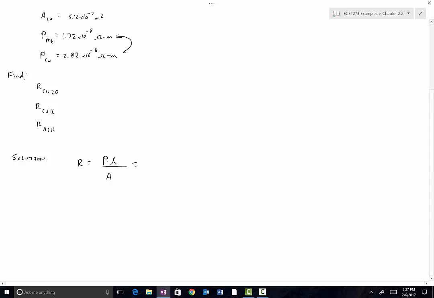Anyway, resistance is going to be the resistivity of the material. So for the resistance of a 20 gauge copper wire, I need to take 1.72 times 10 to the minus 8th ohm meters, and then multiply that by the length, which was 35 meters long, and divide by A, which is the cross-sectional area.